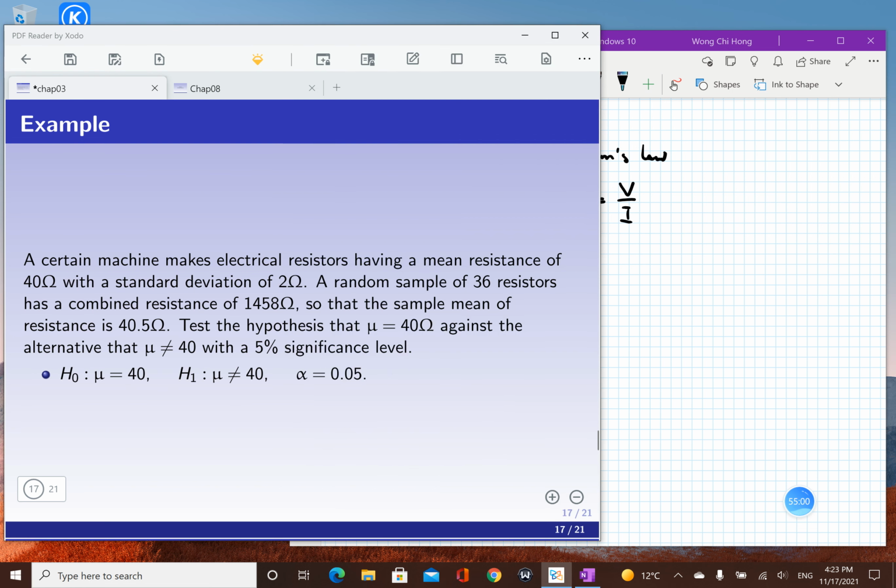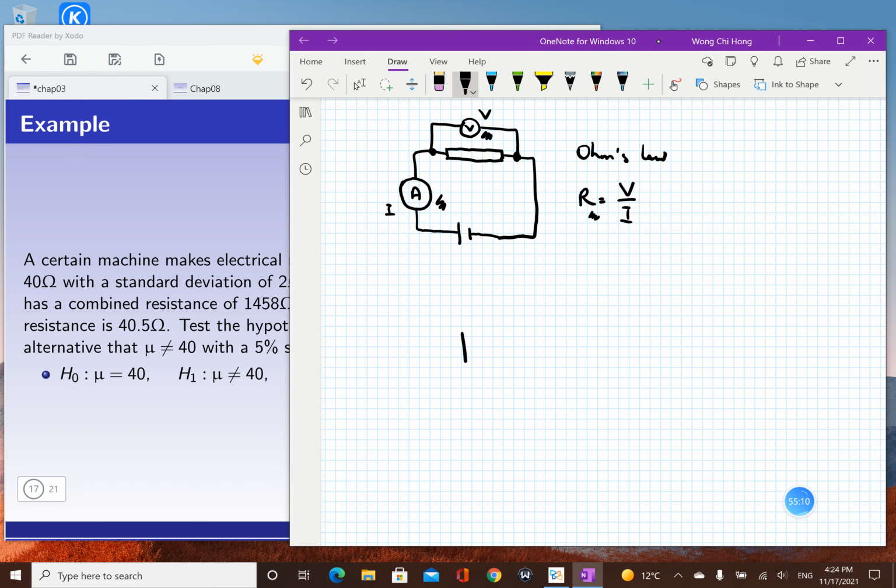So you notice from my question, it says a random sample of 36 resistors has a combined resistance of 1458 ohms. What's actually happening is, instead of finding the resistance for one of them, we're finding the resistance for the whole lot of them.